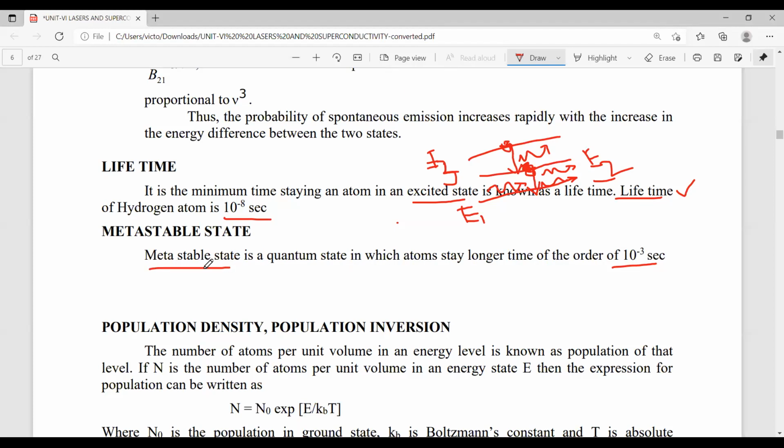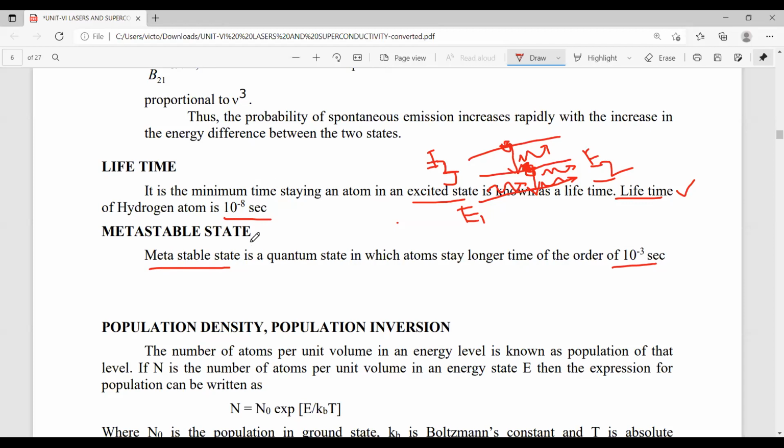Which energy state is called excited and which is called metastable depends upon the lifetime. If the lifetime is 10 power minus 8 seconds, the state is the excited state. If the lifetime is 10 power minus 3 seconds, the state is the metastable state.